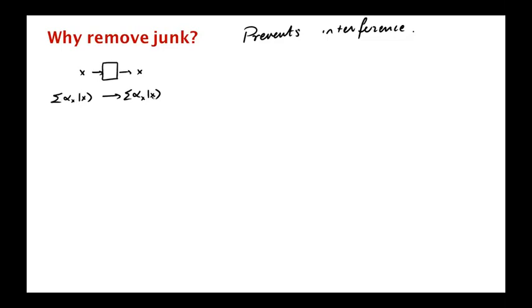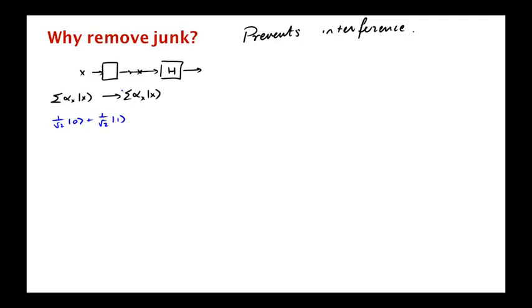Okay, so now suppose that we have this quantum circuit, and then further we feed the output into a Hadamard gate. Let's say that we set up the input to this circuit to be in the plus state, 1 over square root 2 0 plus 1 over square root 2 1.